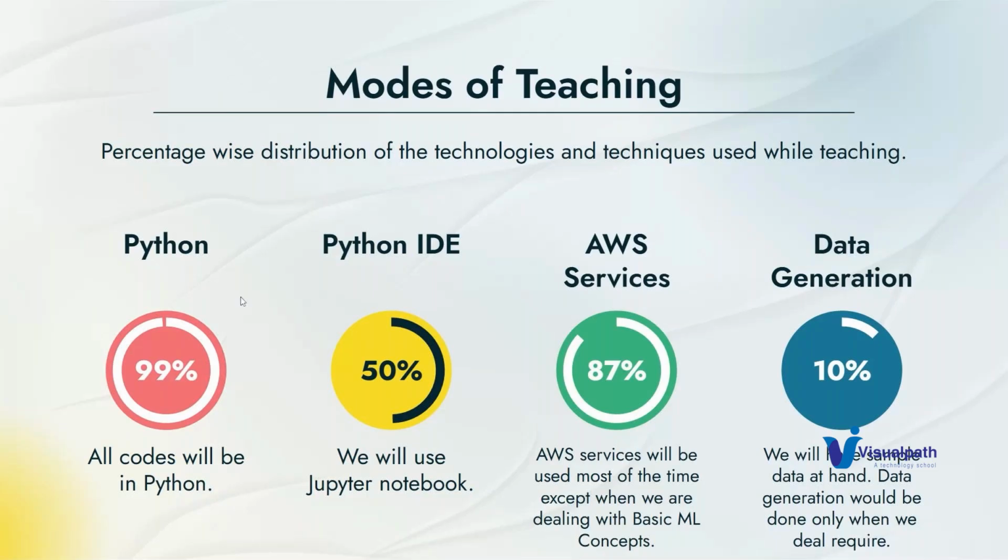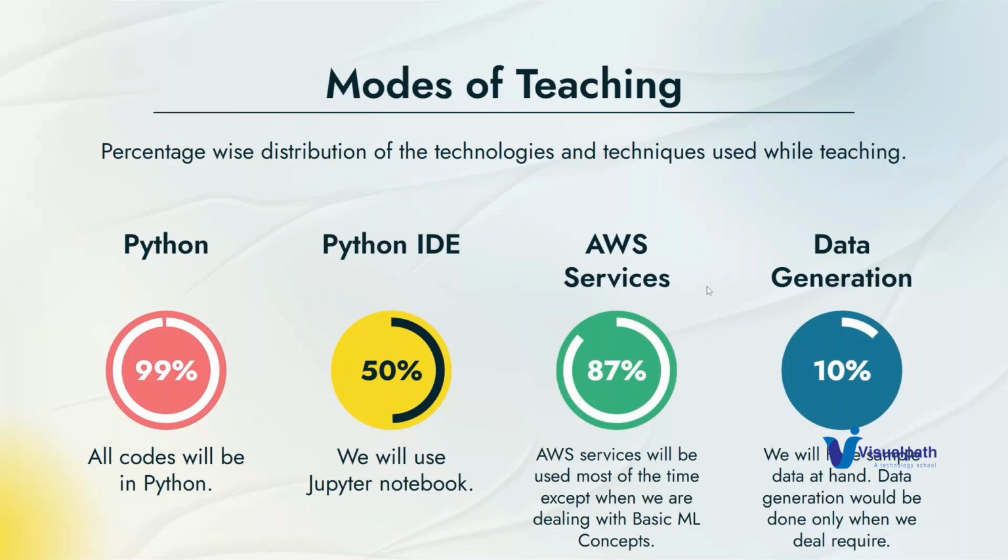We'll be using Jupyter Notebook 50% of the time, and 50% of the time we'll be using AWS SageMaker. In the first part, when we are not familiar with SageMaker, the understanding of the code will go through the Jupyter Notebook itself. But once we go into SageMaker, we'll be using the same notebooks that we have already seen, and we'll try to integrate those onto SageMaker.